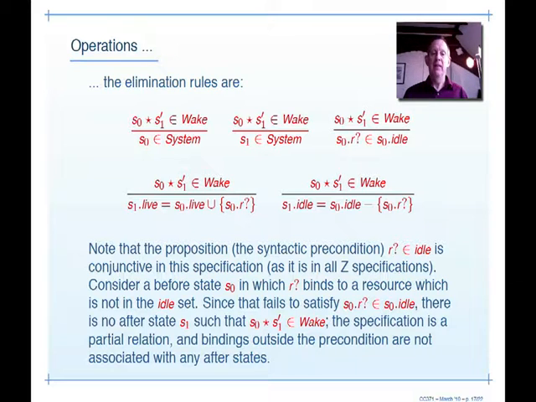So that means there is no state S1 at all such that S0 star S1 prime is in wake. So the specification is a partial relation. There is no legitimate output for some initial configurations. So bindings outside the precondition are not associated with any after states whatsoever.